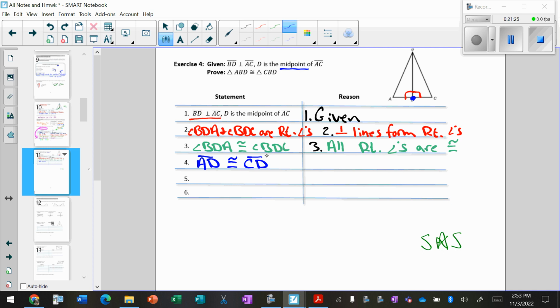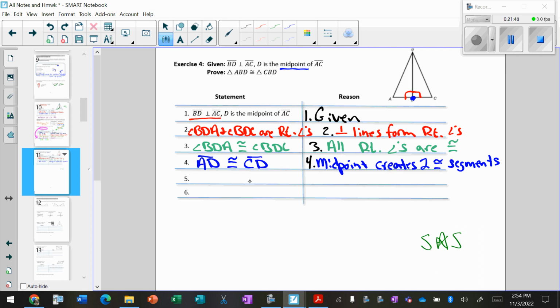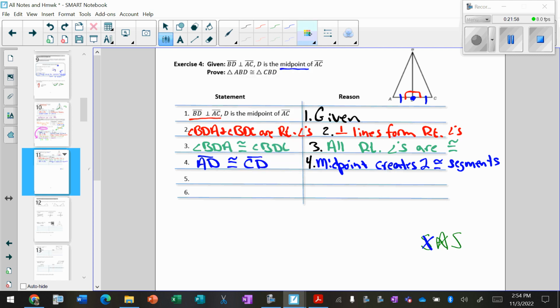So AD is congruent to CD, because a midpoint creates two congruent segments. So I want to mark that, and that gives me another pair of sides. At this point, I have exhausted all of my givens, and I have no more givens left to deal with.